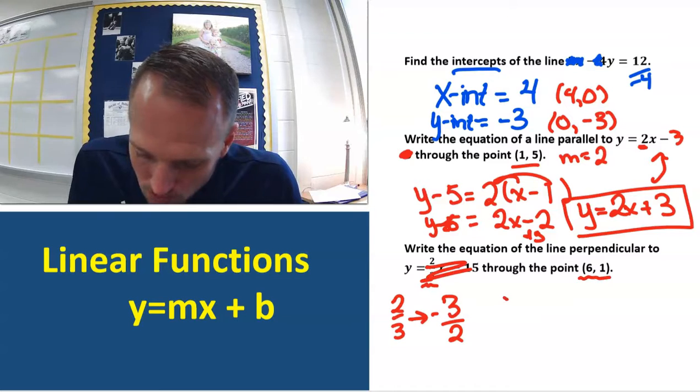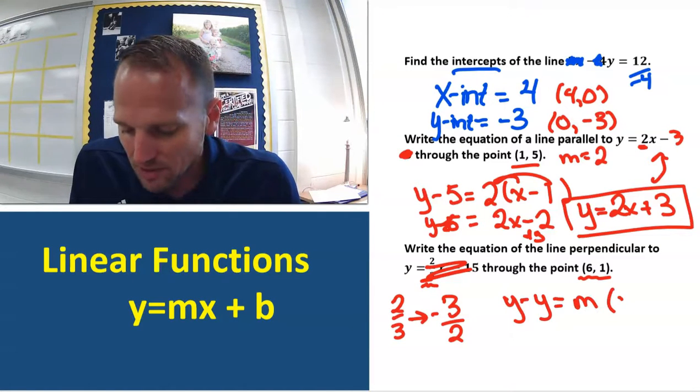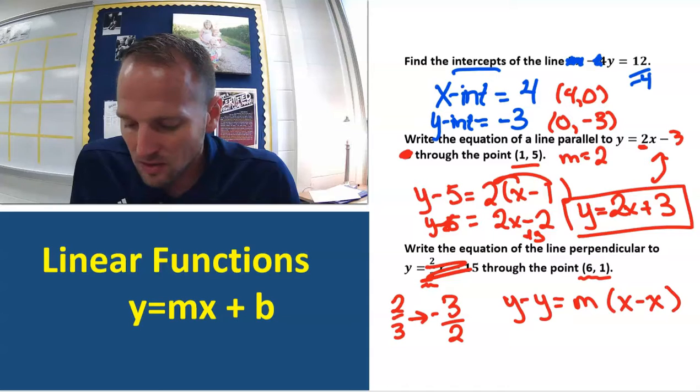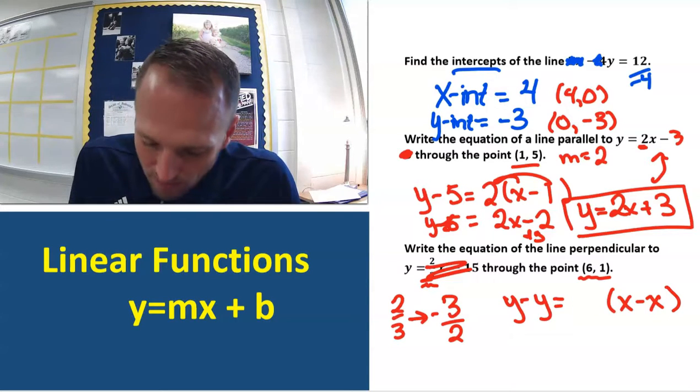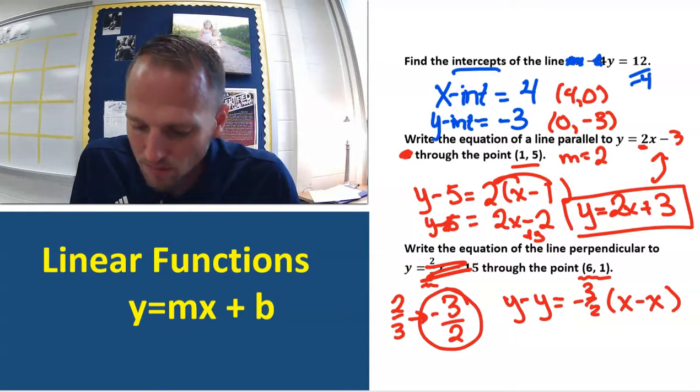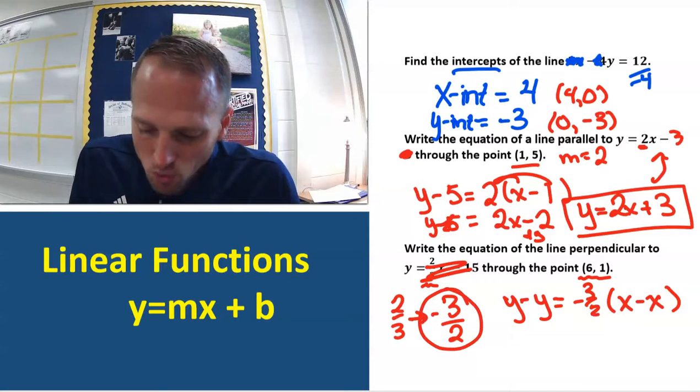Here's our point. y minus y1 equals m times x minus x1. Slope, we found it. Perpendicular is negative 3/2. That's our slope right there. Through the point (6, 1), that means 6 is our x and 1 is our y.